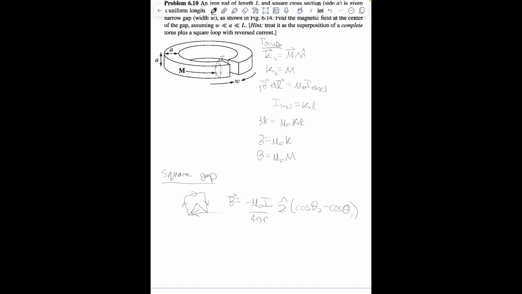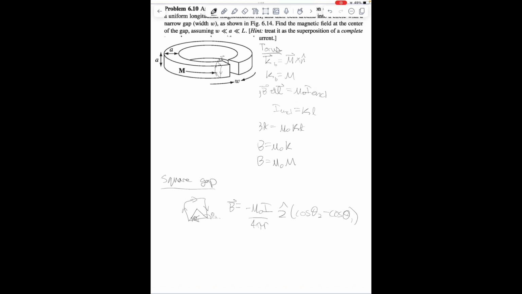This is going to be our theta 1. This is going to be our theta 2. And because this is a square, our theta 1 equals pi over 4, and our theta 2 equals 3 pi over 4, or negative pi over 4, depending on how you want to look at it.